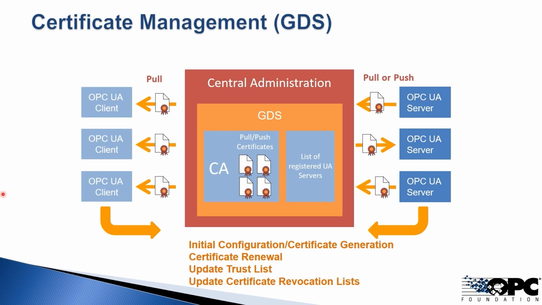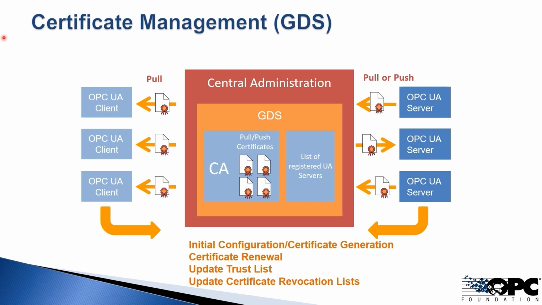Since each OPC UA server instance and each OPC UA client instance in a system, of which of course there can be many, requires its own unique certificate, and certificates by their nature do not last forever, managing and updating and keeping the certificates correct in each of the clients and servers is a useful thing to do in a centralized manner.